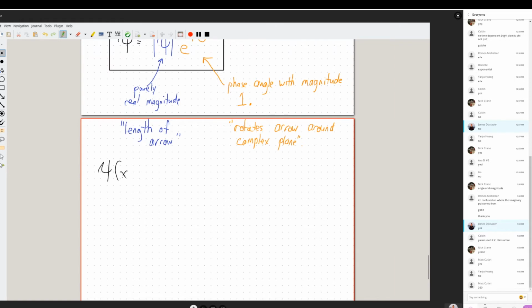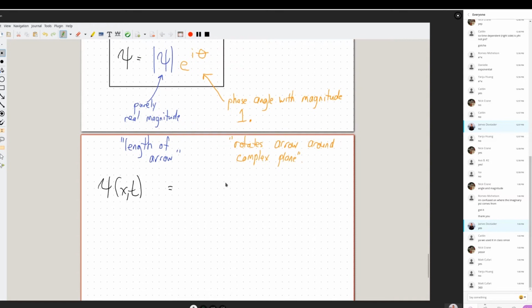psi of x and t is some piece that depends on position times some other piece that goes like e to the i energy over h bar t.